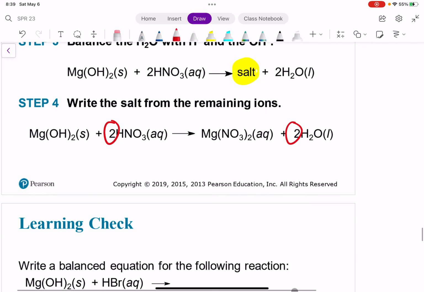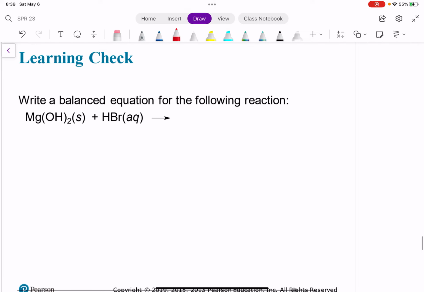Okay, so let's actually try this one on our own, especially since they gave us lots of room. Now we have our base, which is the one with OH- in it, and we have HBr, which is our acid, hydrobromic acid. So let's go ahead and name this.